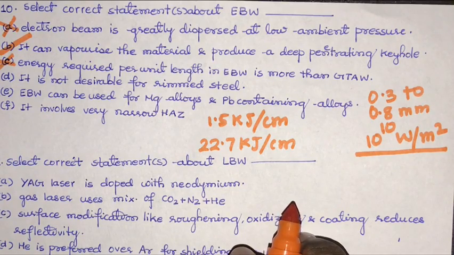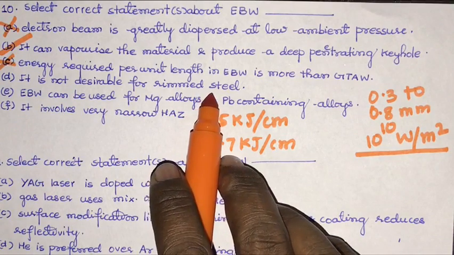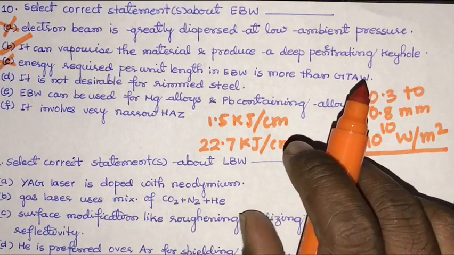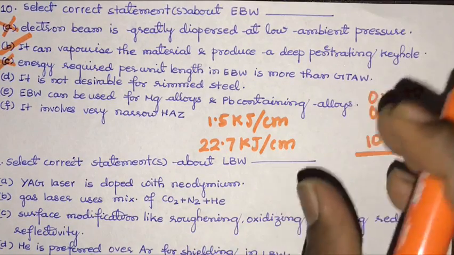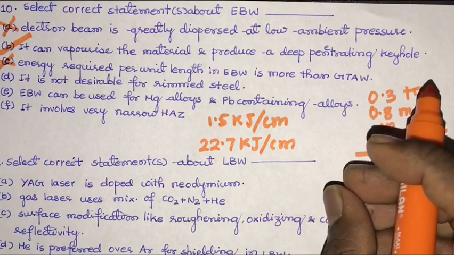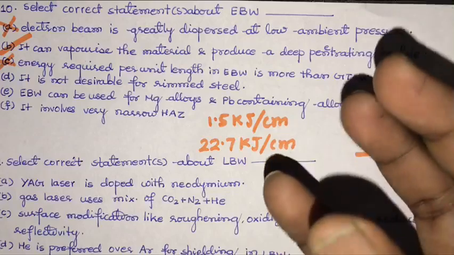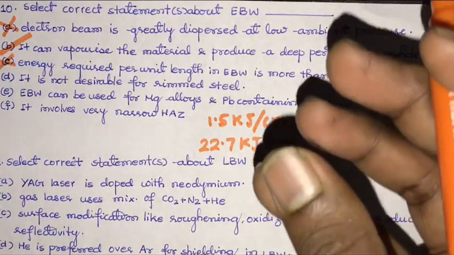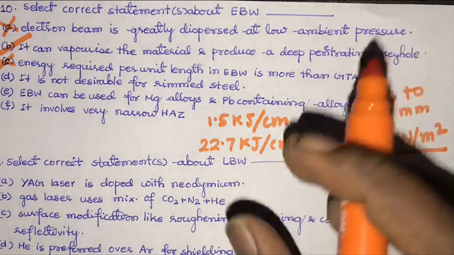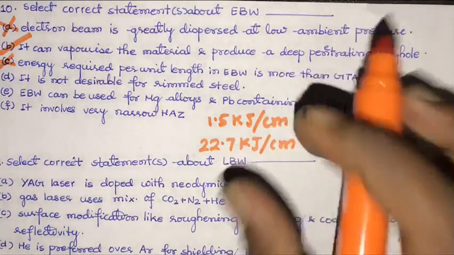Coming to the next, it is not desirable for rimmed steel. Okay, we know that rimmed steel is incompletely degassed steel. So during electron beam welding under high welding speed, the gas bubbles that come out of the rimmed steel do not get enough time to leave the deep weld pool.